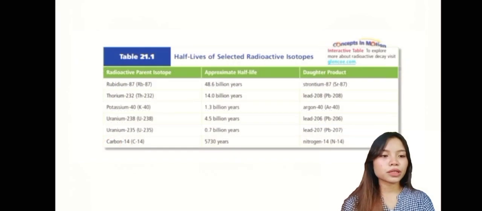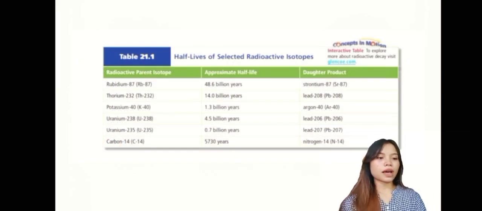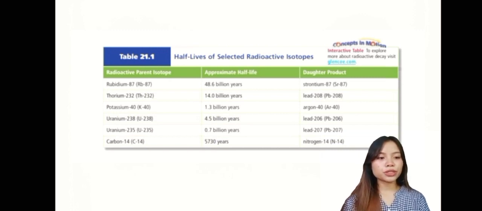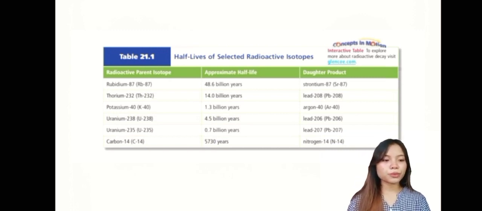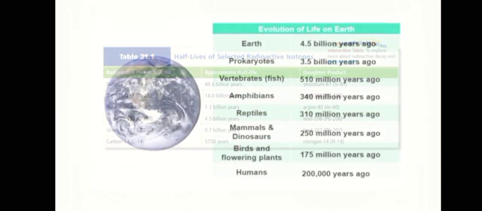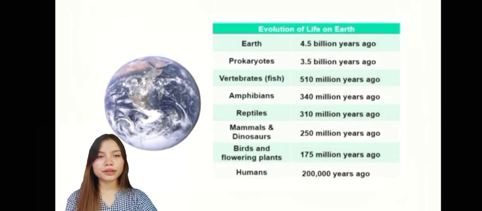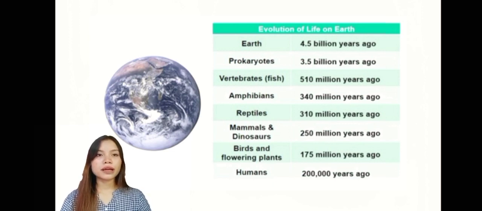This table shows the half-lives of selected radioactive isotopes such as rubidium-87, thorium-232, potassium-40, uranium-238, uranium-235, and carbon-14. As I have said earlier, we can also use radiometric dating to identify the age of other life forms on Earth or the age of the Earth itself.